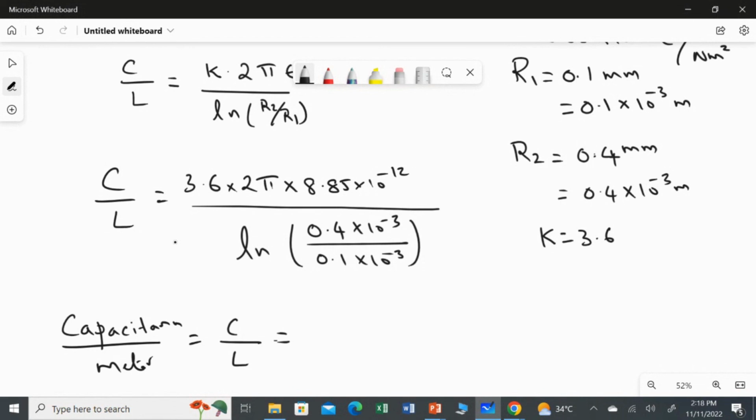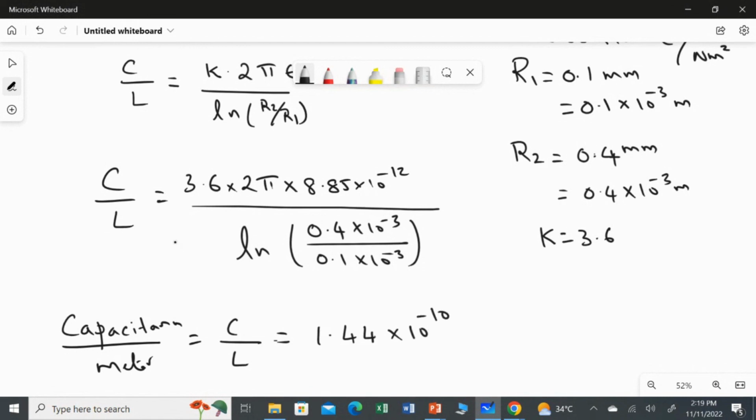So I got the answer as 1.44 multiplied by 10 power minus 10.